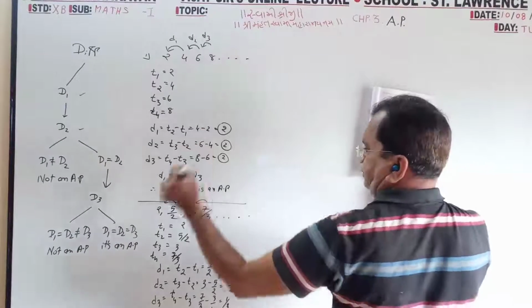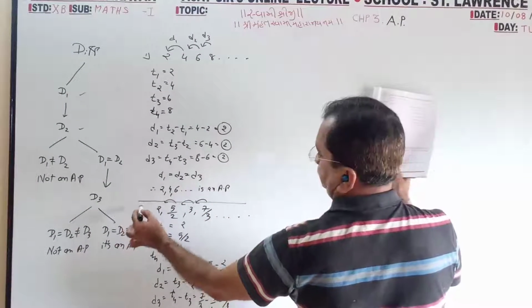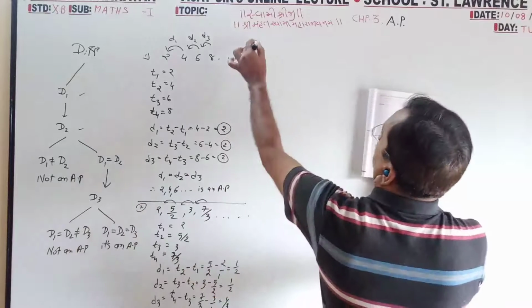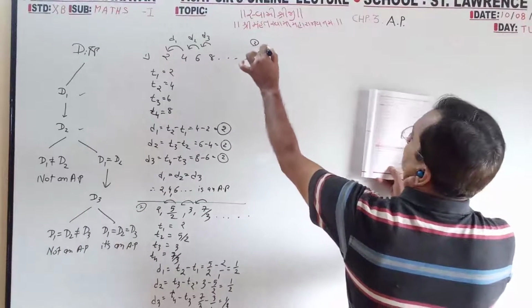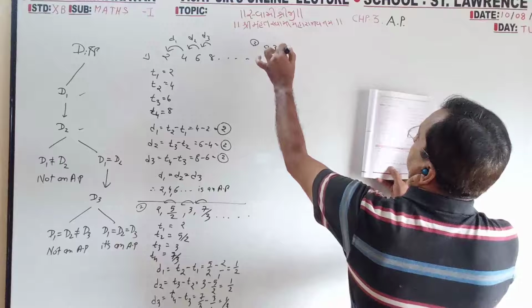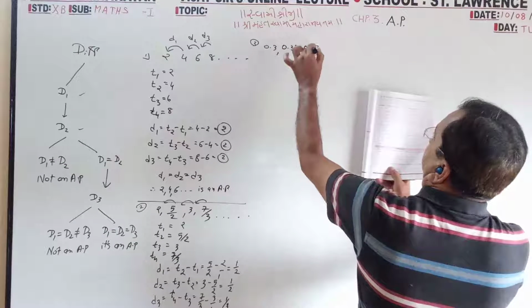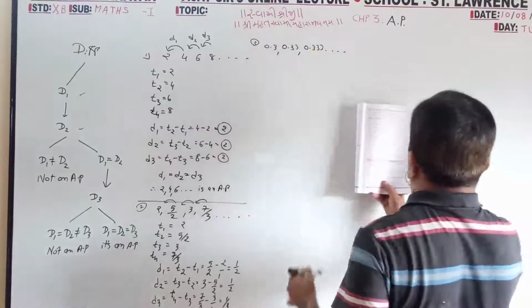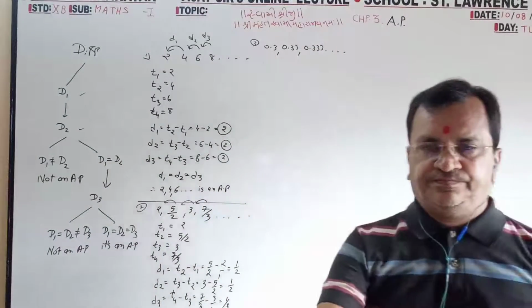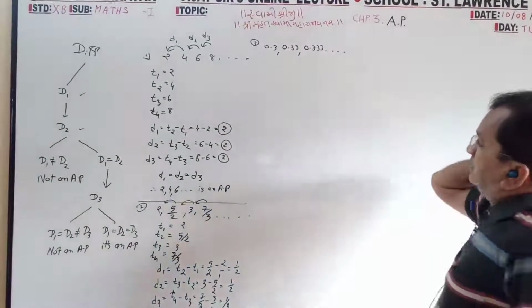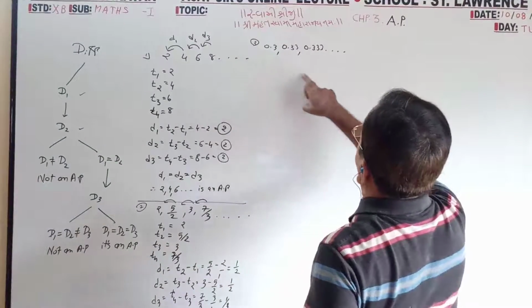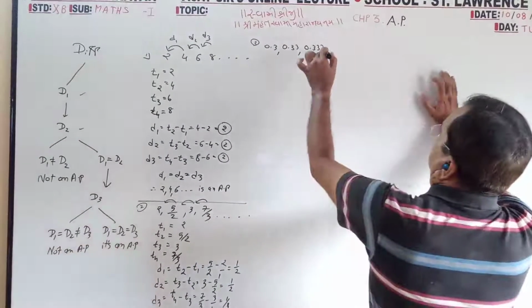Now 0.3, 0.33, 0.333. 1 times 3, 2 times 3, 3 times 3, 4 times 3.